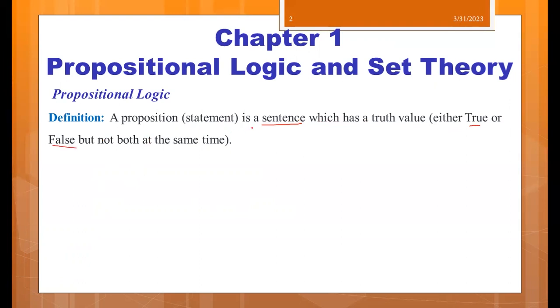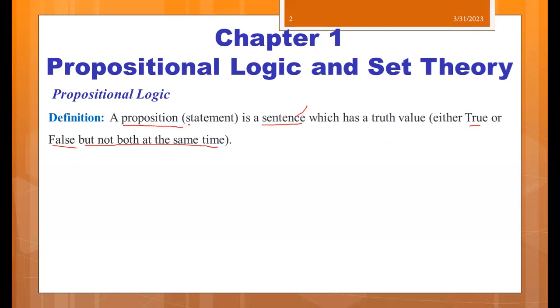Generally, a proposition is a sentence which has a truth value either true or false, but not both at the same time. Therefore, any sentence which satisfies this condition is said to be a proposition or a statement.